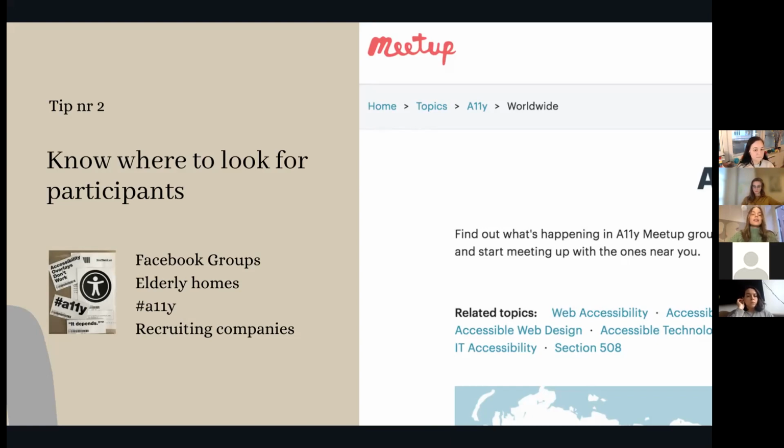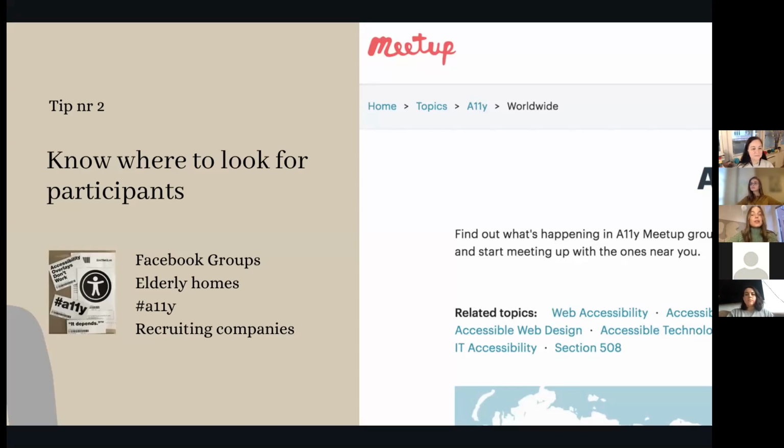Or you might use ads to advertise your study. A good approach here is to use a hashtag, for example, a11y, which stands for accessibility. There are 11 letters in between the A and the Y. Or you can contact a recruiting company and ask specifically if they have experience with users with disabilities.